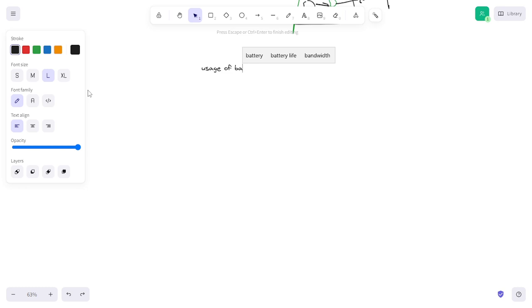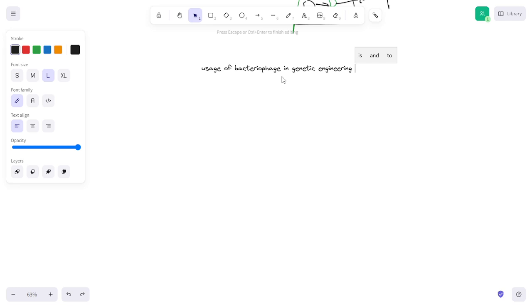Usage of bacteriophage in genetic engineering.